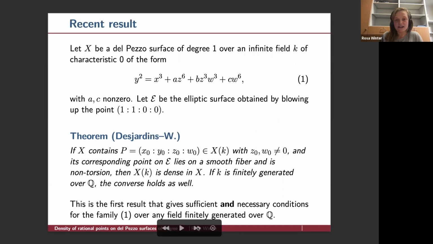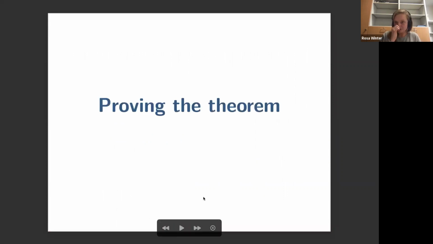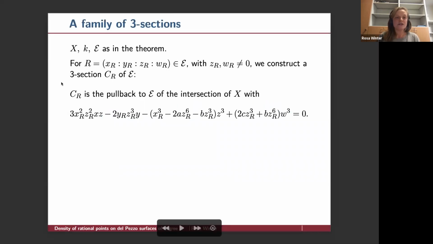For the rest of this time I want to show you how we prove this theorem, because there are some techniques that could be generalized to other surfaces, and it's quite a nice proof. So we take X, a Del Pezzo surface of degree 1, K, an infinite field of characteristic 0, and E, the elliptic surface that lies above X. We assume that X has this point P as in the theorem.